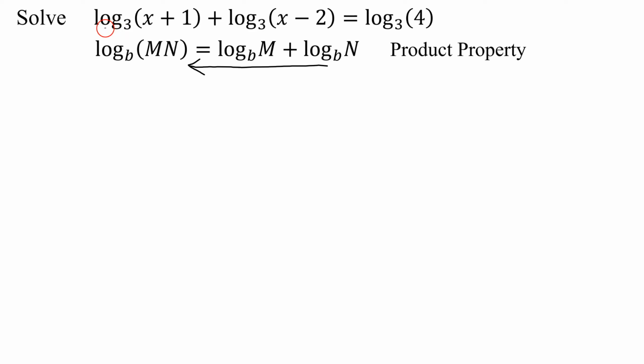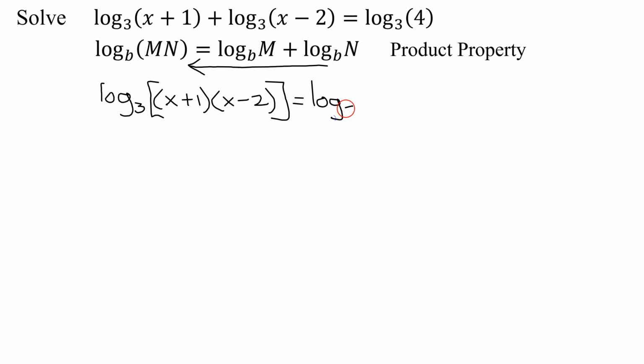So I'm going to have, in my case, log to the base 3 of, instead of 2 individual logs, the log of a product. I'm going to multiply my 2 arguments, x plus 1 times x minus 2, and that has to equal log to the base 3 of 4.